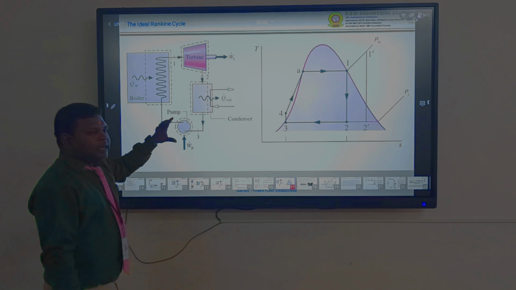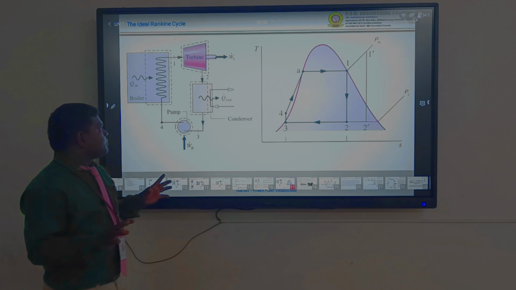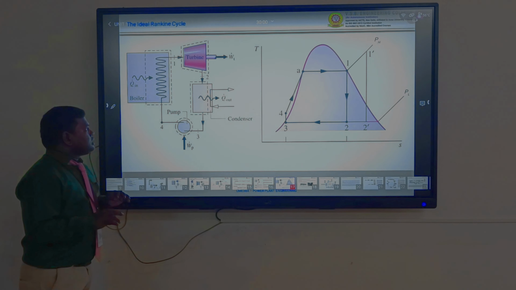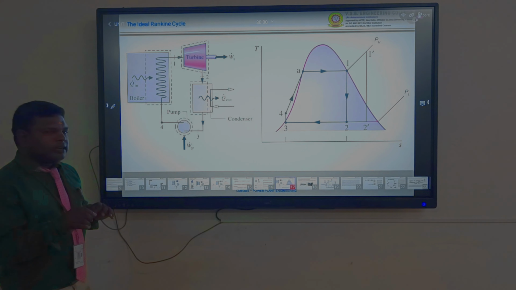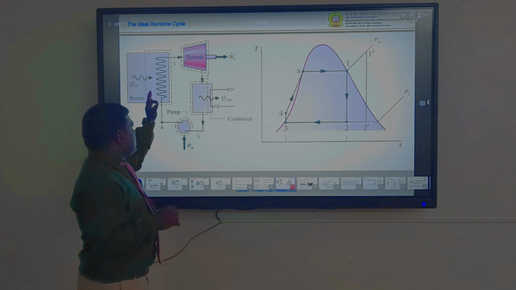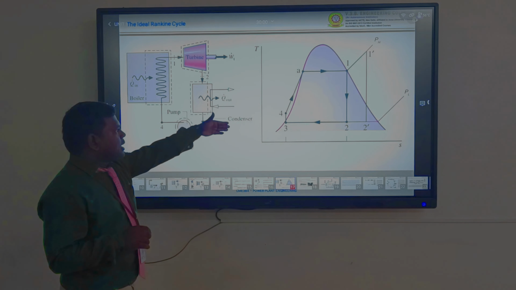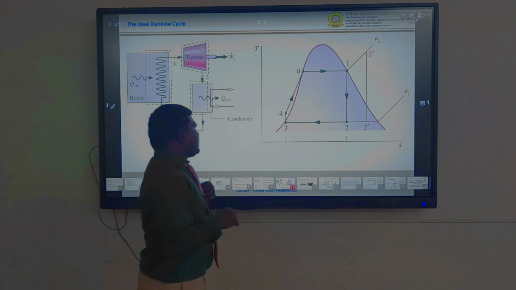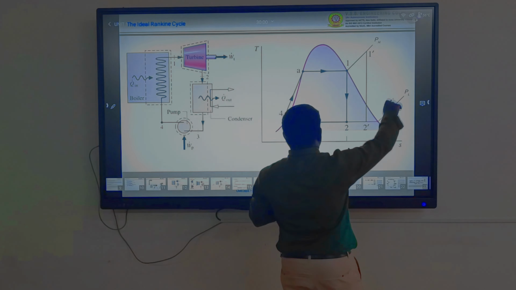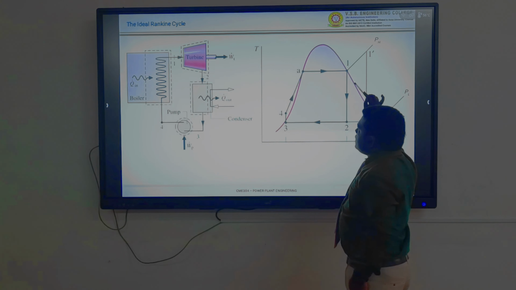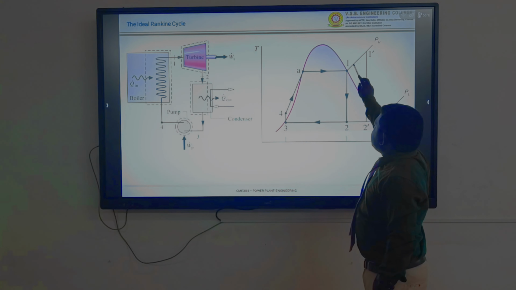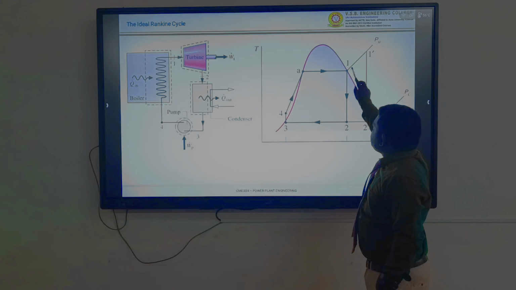The turbine is an expansion process, with an initial and a final state. With the help of the T-S diagram, we can calculate the entropy diagram. The initial state, point 1, is the turbine inlet.